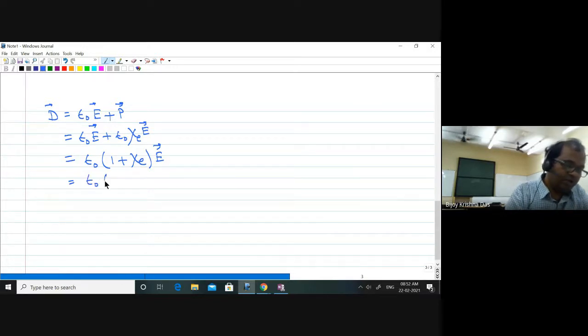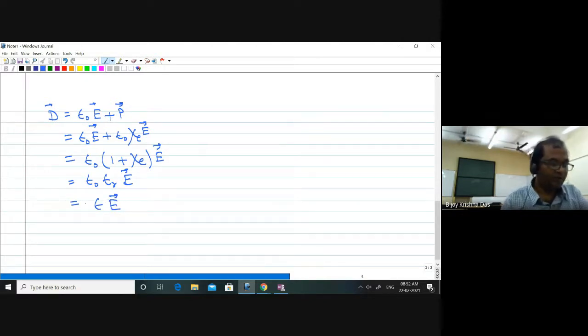We write this 1 plus chi E as epsilon R, so D equals epsilon 0 epsilon R E, and that we simply write as epsilon E. Okay, this is very important. This 1 plus chi E is a material property that we consider as the relative dielectric constant, epsilon R. And epsilon R multiplied by epsilon 0 is the permittivity of the material.